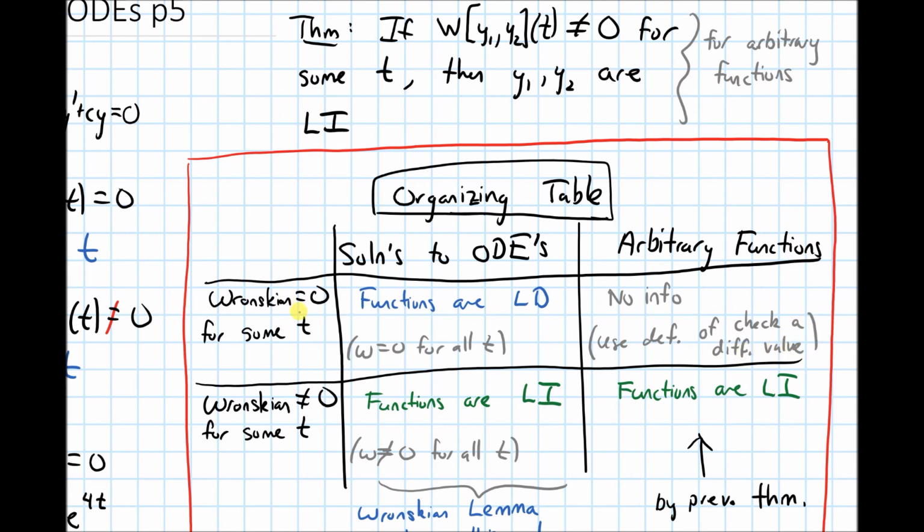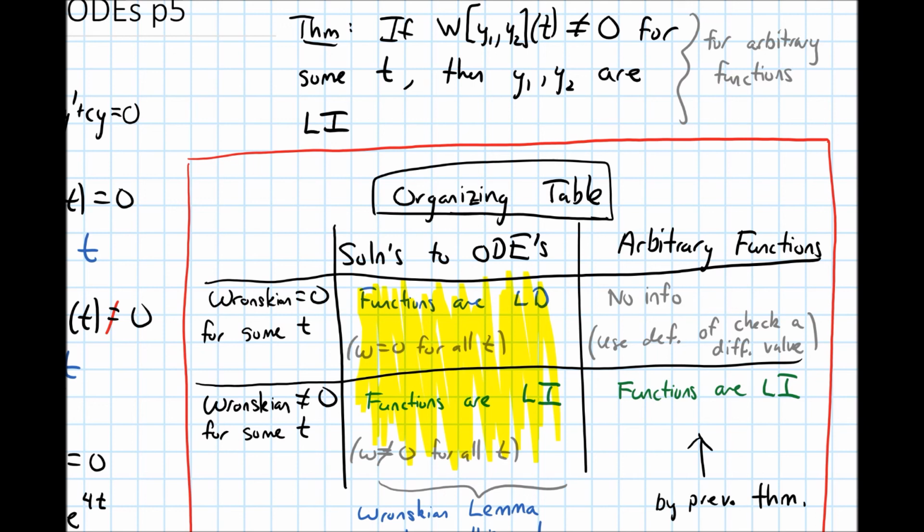Maybe we just got unlucky with the value that we plugged into the Wronskian and got that it was 0, which yields no information for arbitrary functions. So we might have to just check a different value. And maybe by checking a different value, the Wronskian would end up being not 0, because that would mean that they're linearly independent. All right, so now let's highlight these a little bit. For the solutions to ODEs, let's highlight those all one color, because this is a special case when our functions are solutions to ODEs.